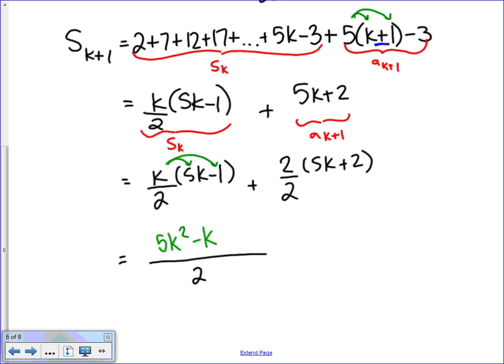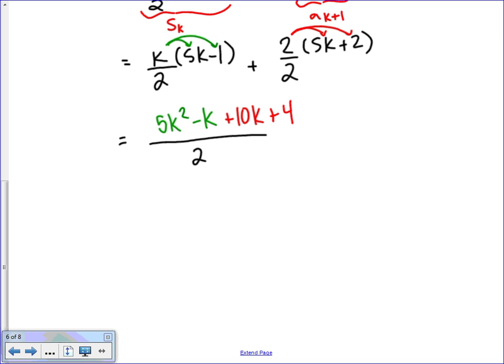And I'll add that with 2 times 5k, which is 10k, and 2 times 2, which is 4. I could combine some like terms, correct? So I have 5k squared plus 9k plus 4 over 2.